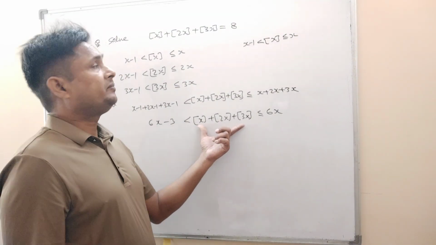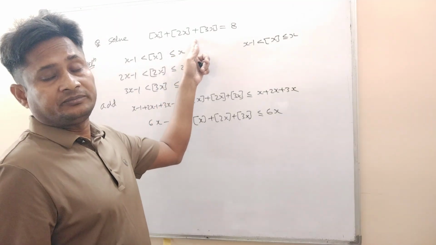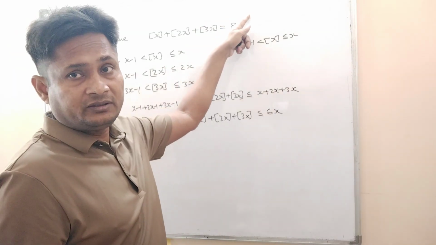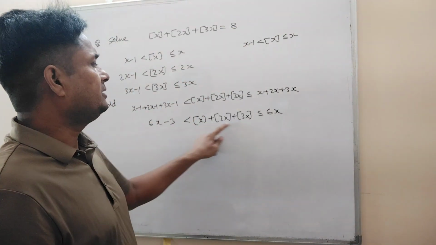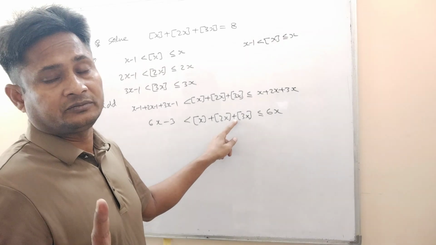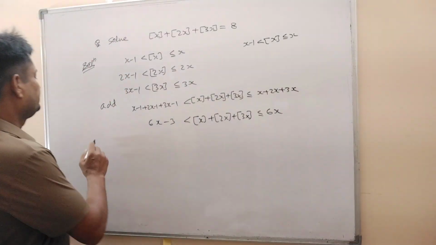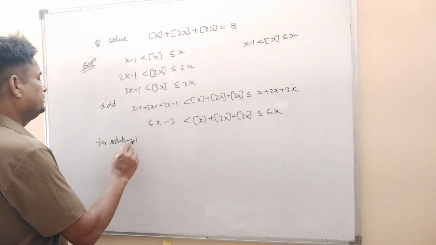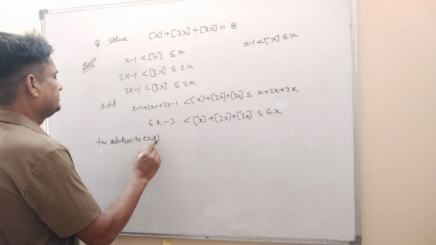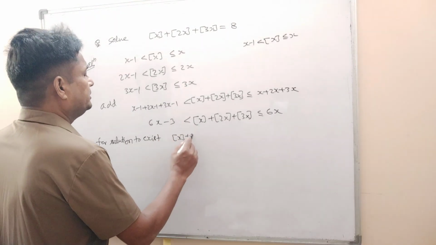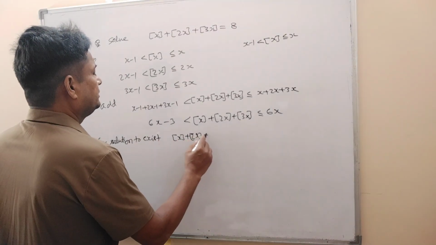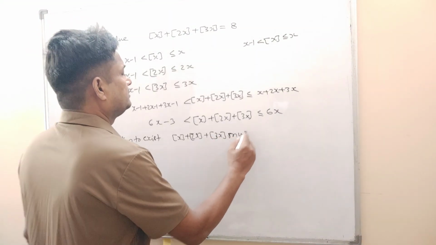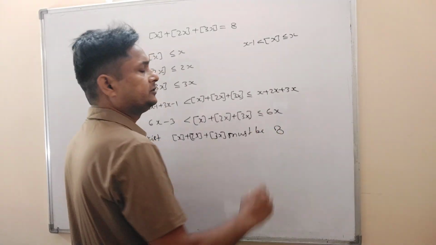Now see here, a solution only exists when the value of the left hand side is equal to 8. So for a solution to exist, greatest integer of x plus greatest integer of 2x plus greatest integer of 3x must be 8, right?